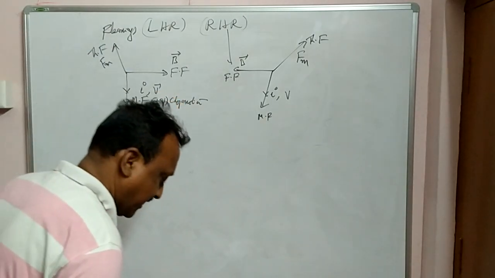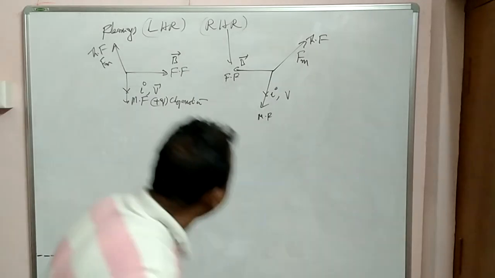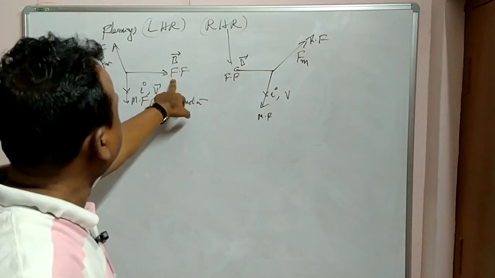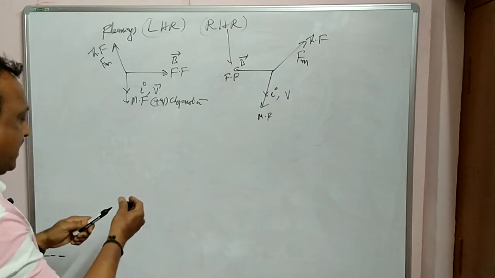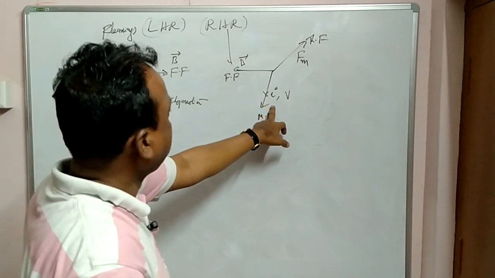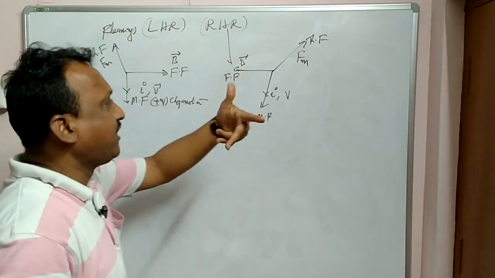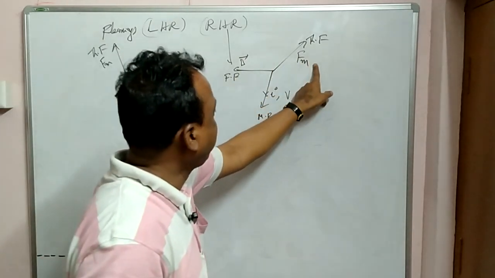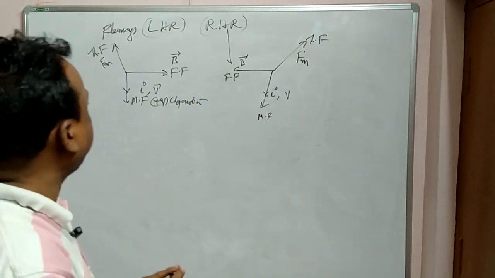So please try to understand this one. In the right hand rule, the forefinger indicates the direction of magnetic field, the thumb the magnetic force, and the middle finger the positive charge motion or direction.